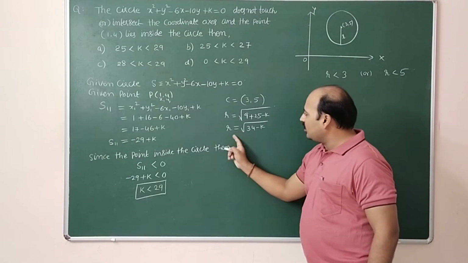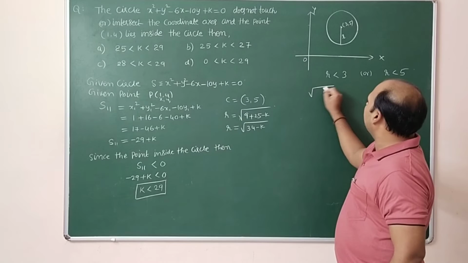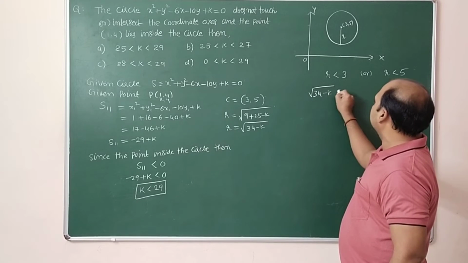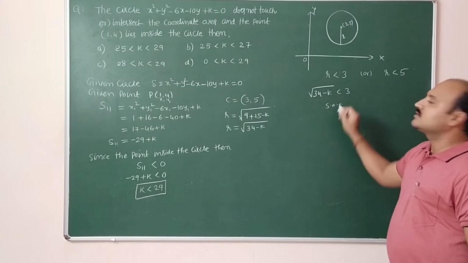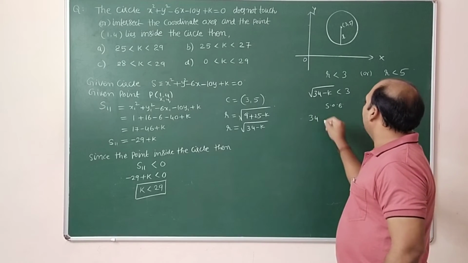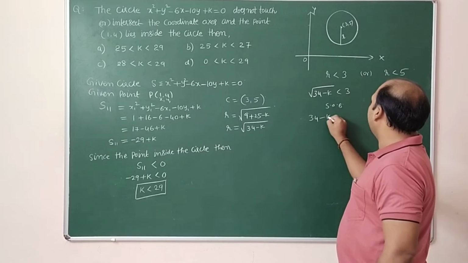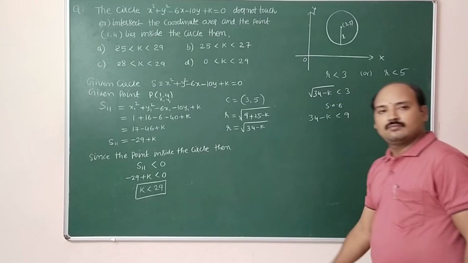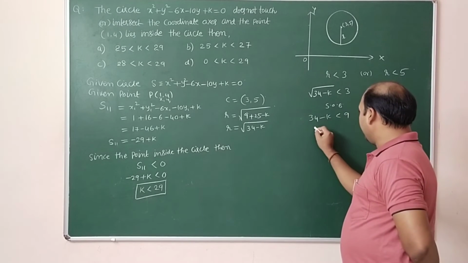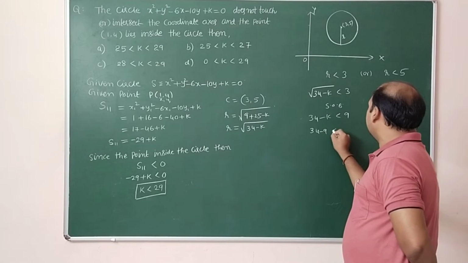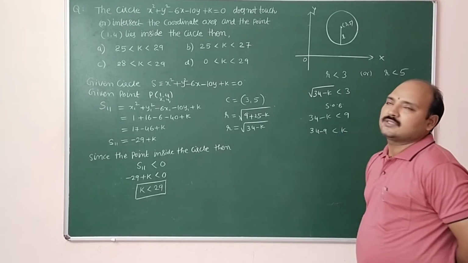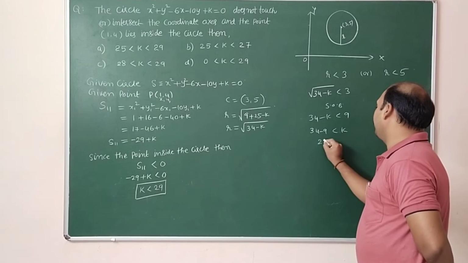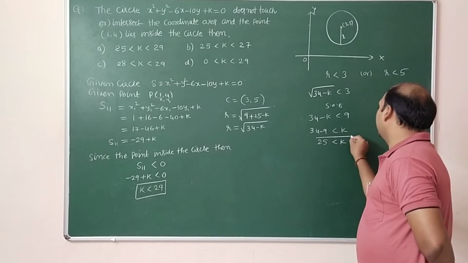What is r here? R is square root of 34 minus k, which is less than 3. Squaring on both sides, 34 minus k is less than 9. 9 you can take this side. 34 minus 9 is less than k. So 34 minus 9 is 25, 25 is less than k.